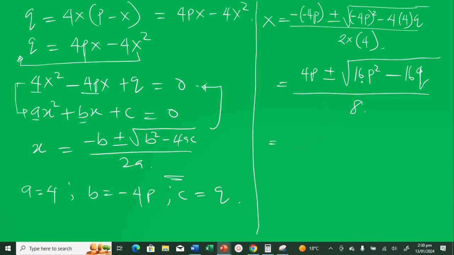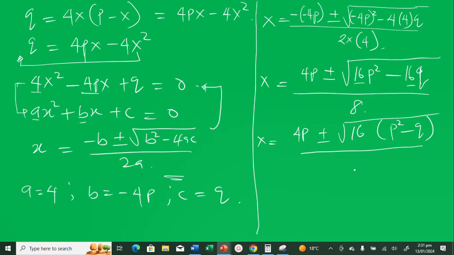Now, if you check, 16 is common in this expression that is inside here. So we now have 4p plus or minus the square root of, now we'll factor it out. We bring out the thing that is common. So now you have p squared left if you remove 16 here, and if you remove 16 here, you have minus q left, divided by 8.